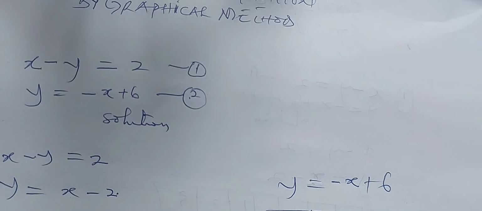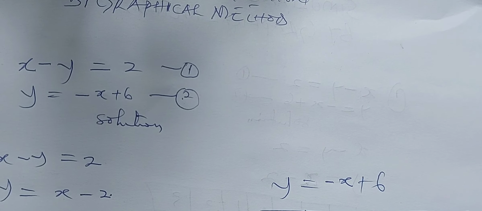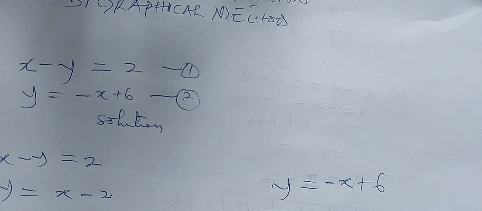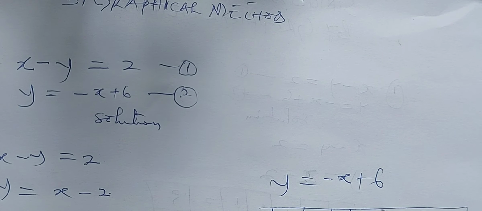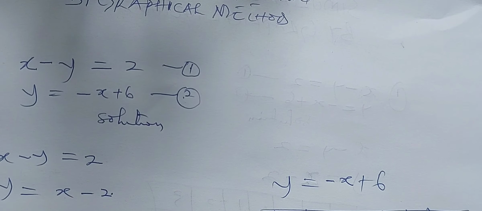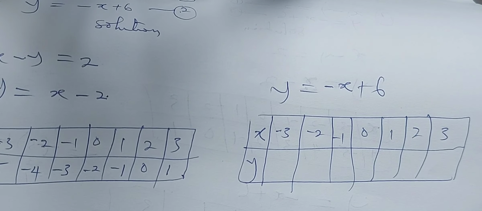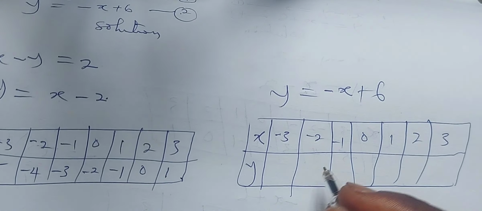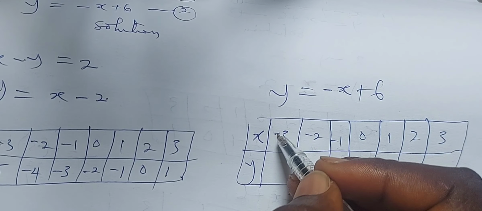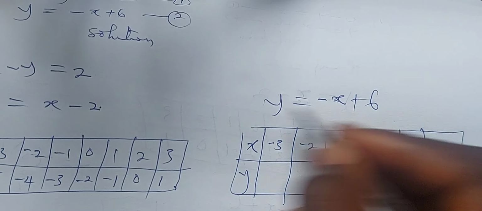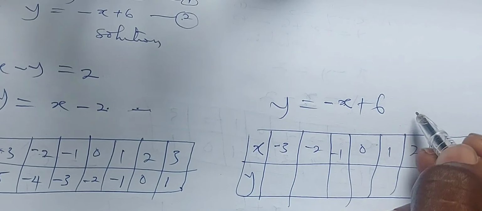Minus 3, you should use the same range of x: minus 2, minus 1, 0, 1, 2, and 3. Use the same range of x so that you won't have difficulty. So whenever you see x, you put the value of x in this equation 2. Mind you, this is our equation 1 and this is 2.